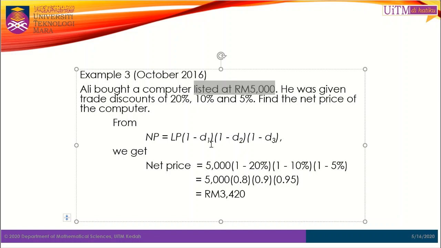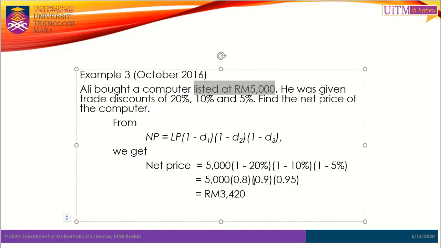Using the direct formula for the net price for a chain discount, you have NP equal to LP (1 minus D1), where D1 represents the 20%, (1 minus D2), where D2 represents the 10%, and (1 minus D3), where D3 represents the 5%. Substituting all the values, you have LP 5,000, 1 minus 20% or 1 minus 0.2, 1 minus 10%, that is 1 minus 0.1, and 1 minus 5%, that is 1 minus 0.05.